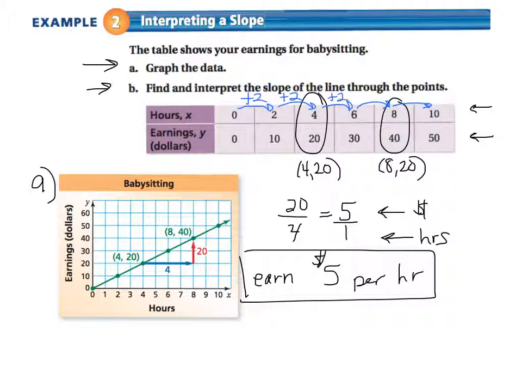They're increasing by 2 each time. What do you notice is happening to y? They're increasing by 10 each time. So the change in y is 10, the change in x is 2, and 10 divided by 2 also will give you the slope of $5 per hour.